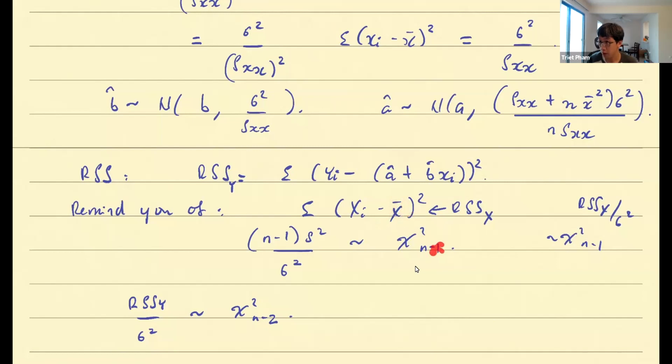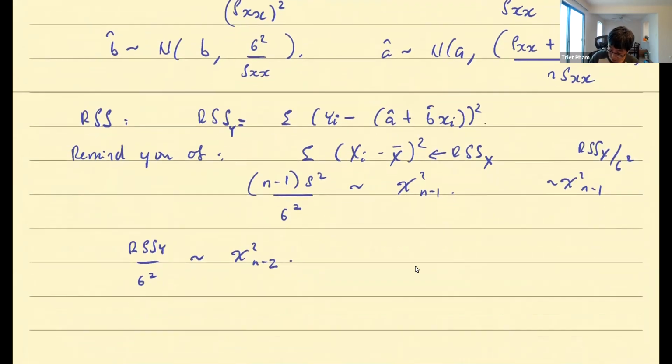You lose no degree of freedom to estimate the variance. But if you have to estimate x bar, then you lose 1 degree of freedom. But now, of course, if you have to use 2 degrees of freedom to estimate the mean, then you lose 2 degrees of freedom.